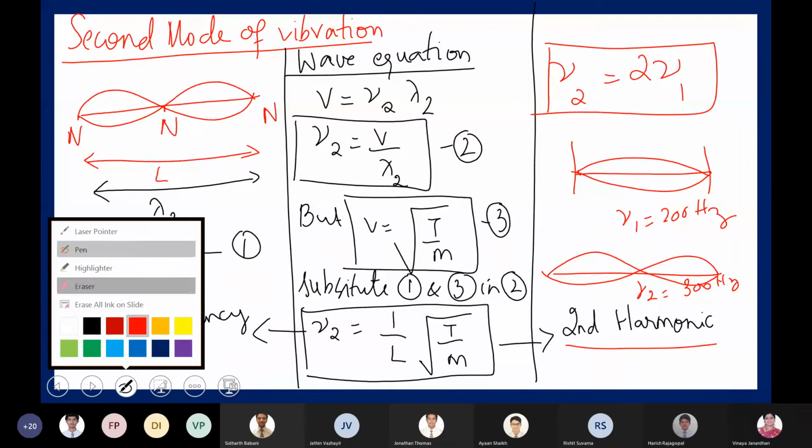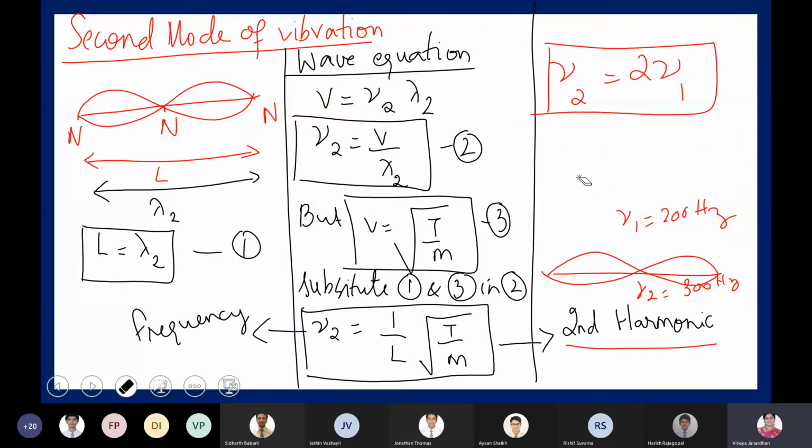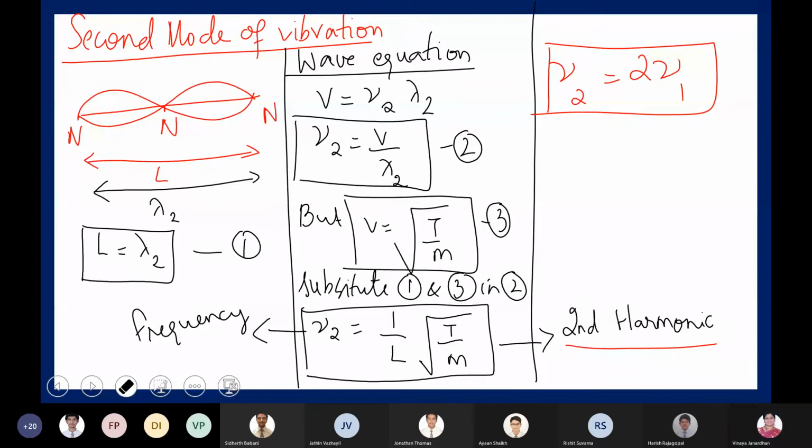In each mode, the wire vibrates with a different frequency. If a pattern is formed like this, then it vibrates with a frequency mu2, which will be 2 times the previous one. Shall we go for the next one?